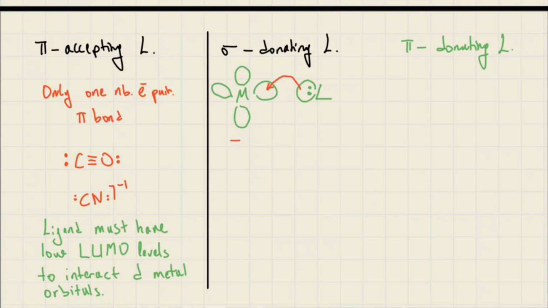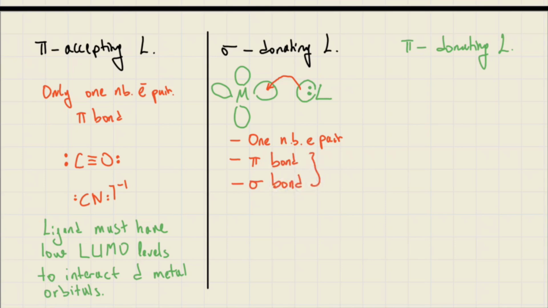So again we can write, we should have one non-bonding electron pair, or we just need a pi bond, or we need a sigma bond.